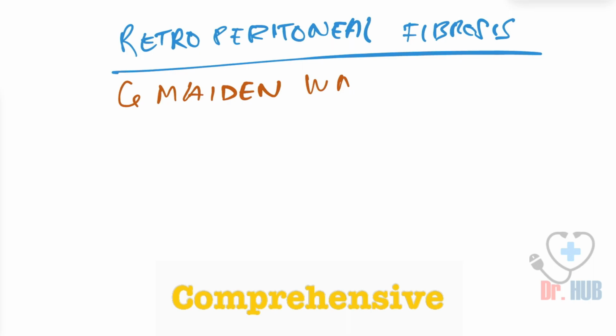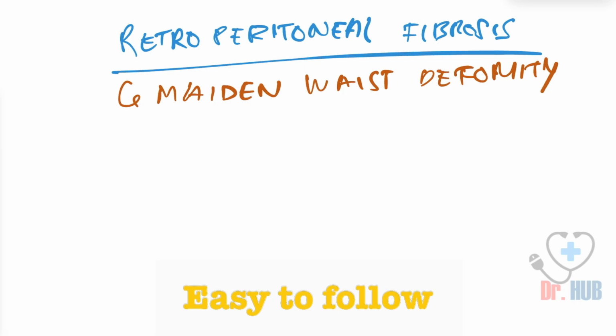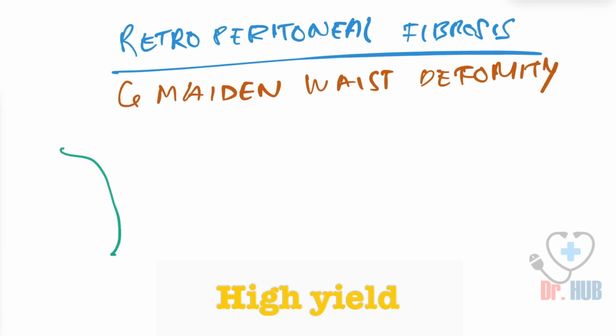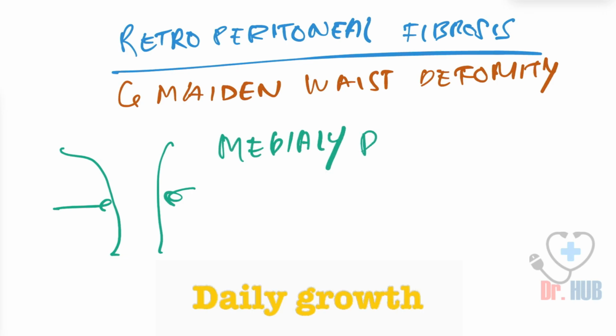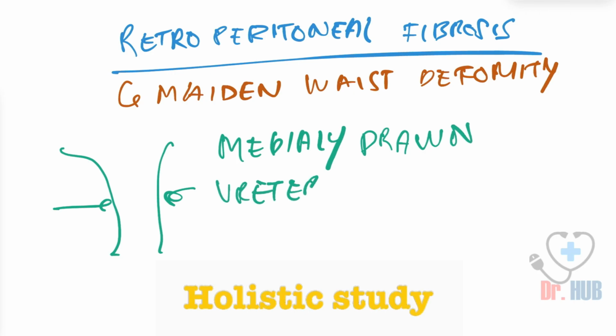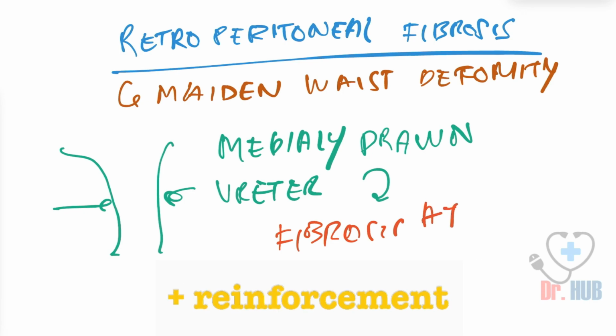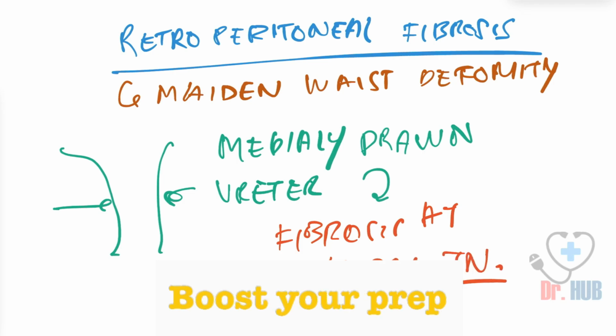It refers to the medially drawn ureter, and it is caused by fibrosis at the lumbosacral junction.